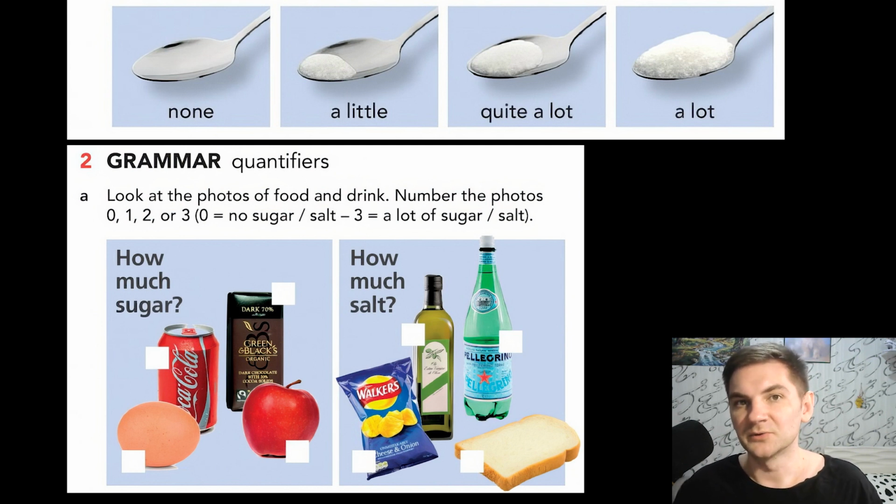Now, look at the photos of food and drink and number the photos 0, 1, 2, or 3, like 0, no sugar, or no salt. You see it's none. 1, it's a little, 2, it's quite a lot, and 3, it's a lot. Actually, it is only your opinion. Then you will check your ideas.